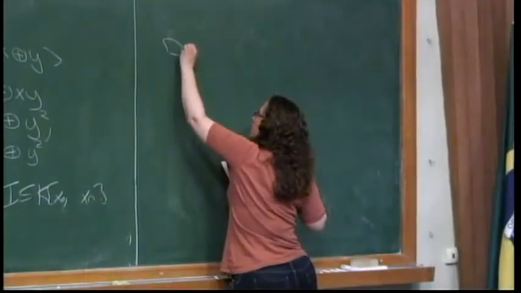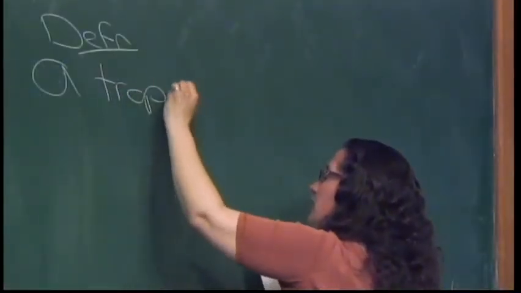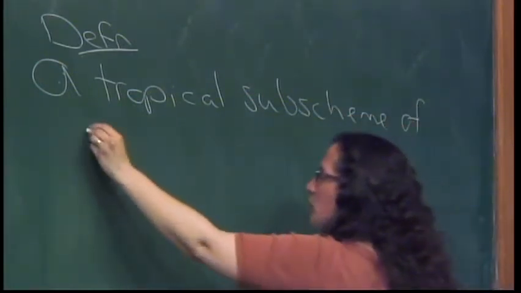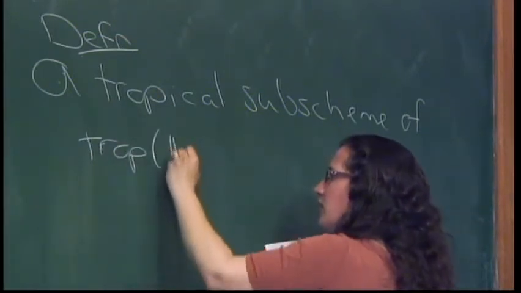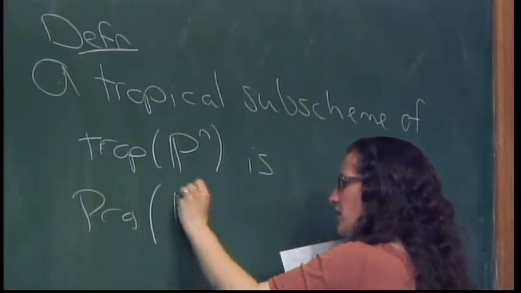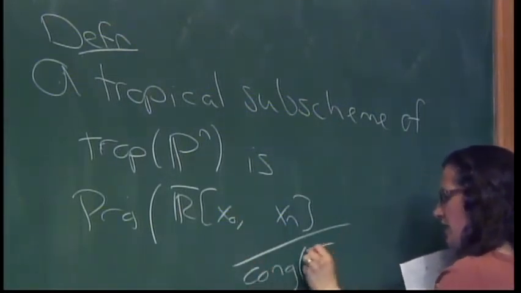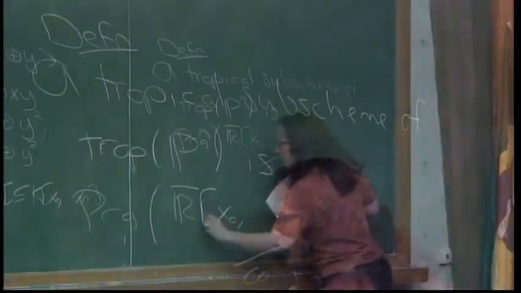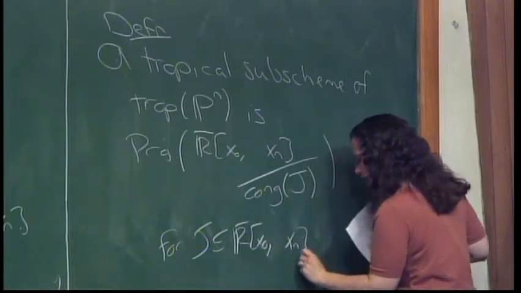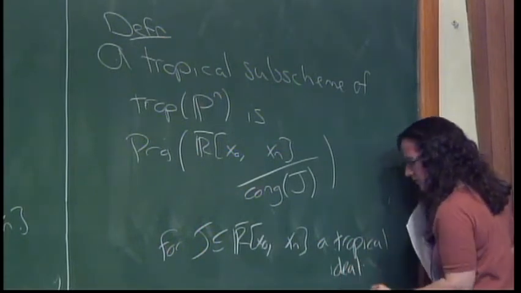So the definition: a tropical subscheme of tropical projective space is Proj of R-bar adjoin x_0 up to x_n quotiented by the congruence of J, for J contained in R-bar adjoin x_0 up to x_n a tropical ideal.